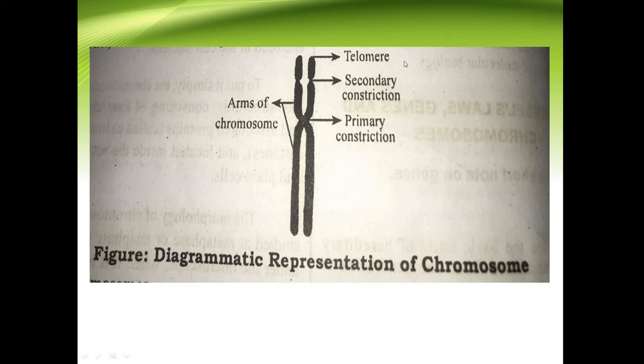And the telomere is at the end of each chromosome, where you can find a DNA sequence. So these are the chromosomes located inside the nucleus of the plant and animal cell.